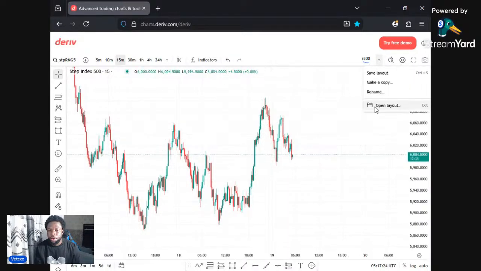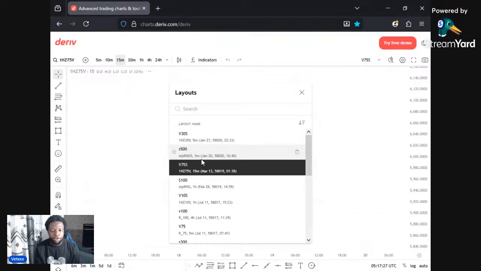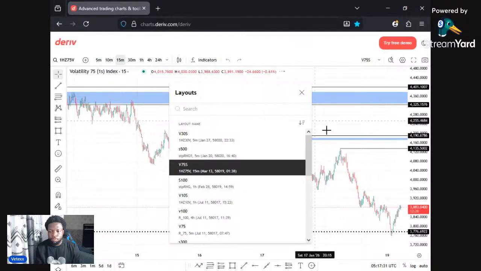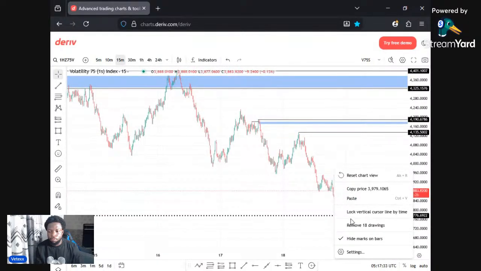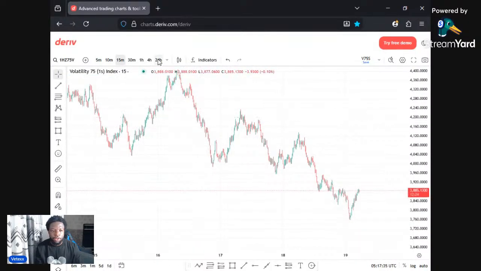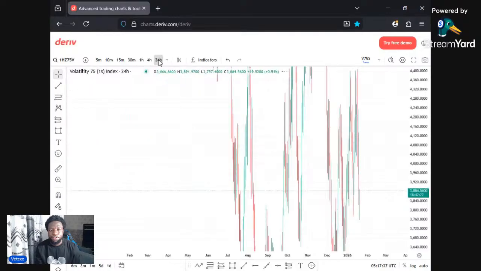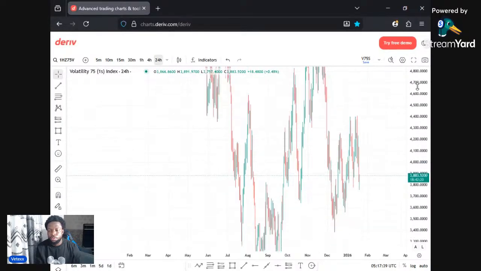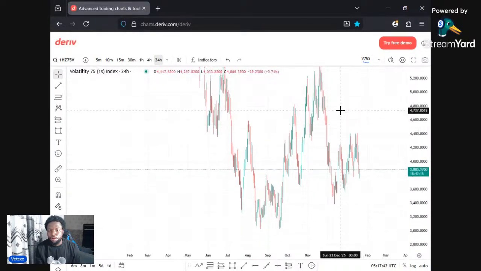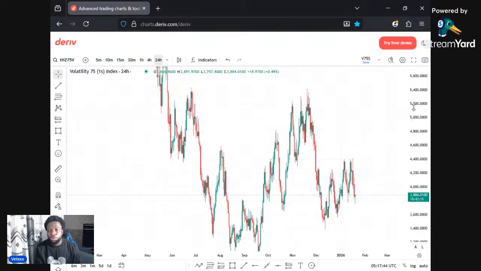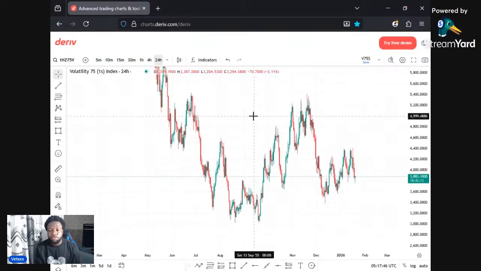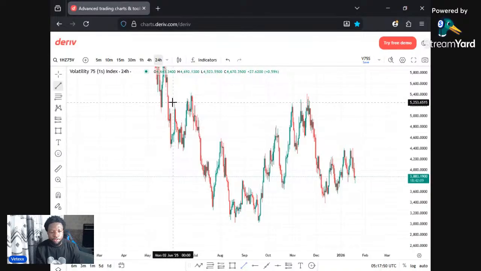So the next pair on my list is V75 1S. We'll start from the daily. On the weekly time frame, V75 1S has a bearish trend, but on the 24-hour time frame, you can clearly see a sweep of liquidity here.